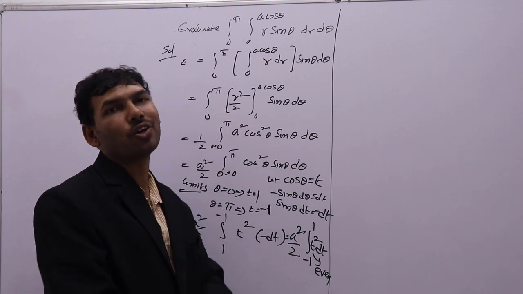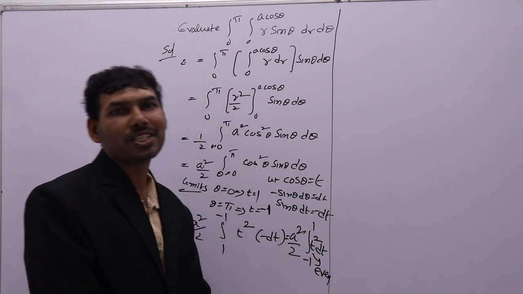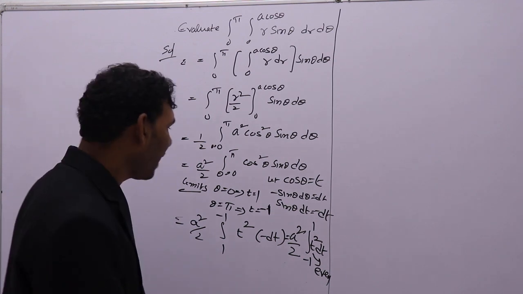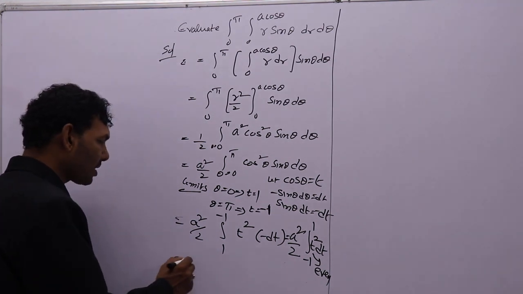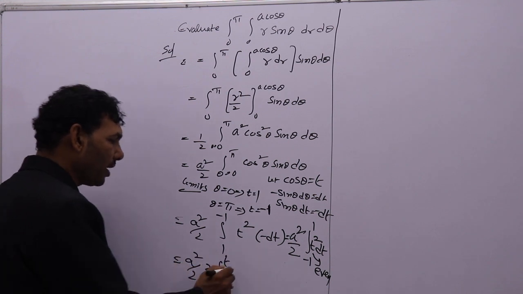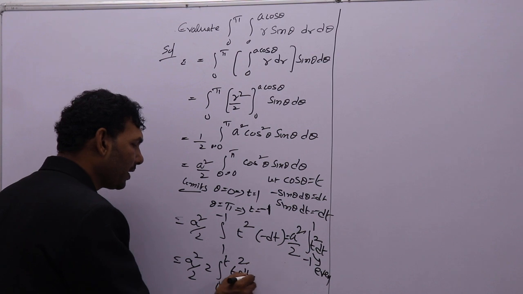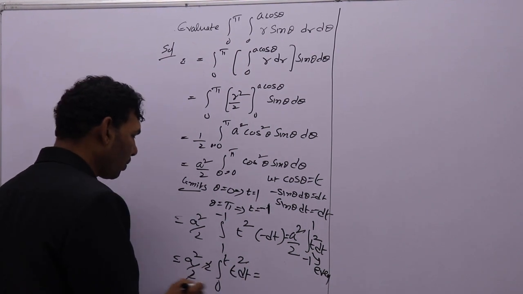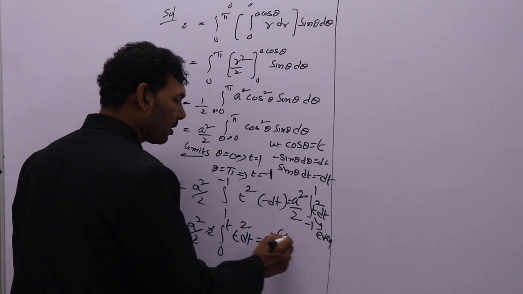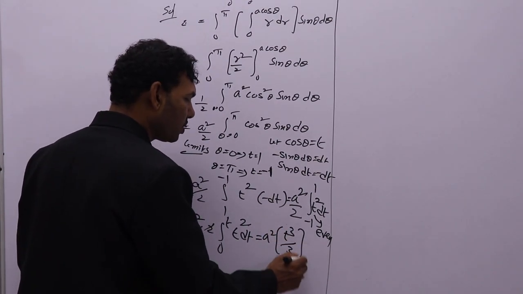If it is even, then you can write this one like this: 2 integral 0 to a f of x dx. If it is odd, 0. Then how you can write this? A square by 2 into 2 integral 0 to 1 t square dt. So 2 cancel, a square into, what is integral t square? t cube by 3, 0 to 1.